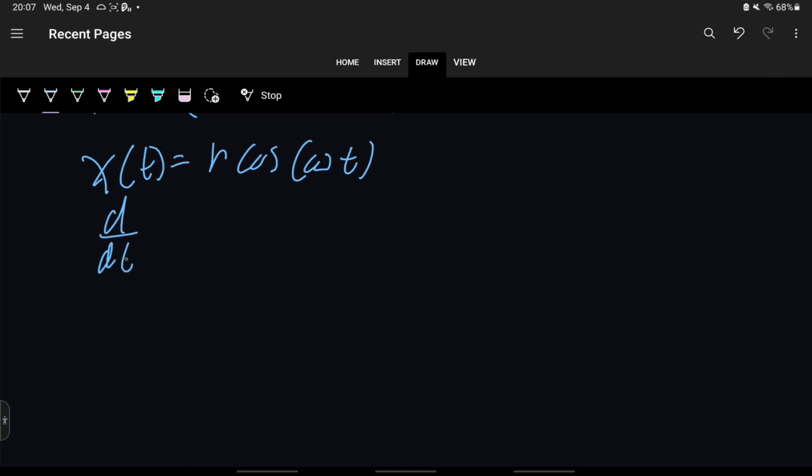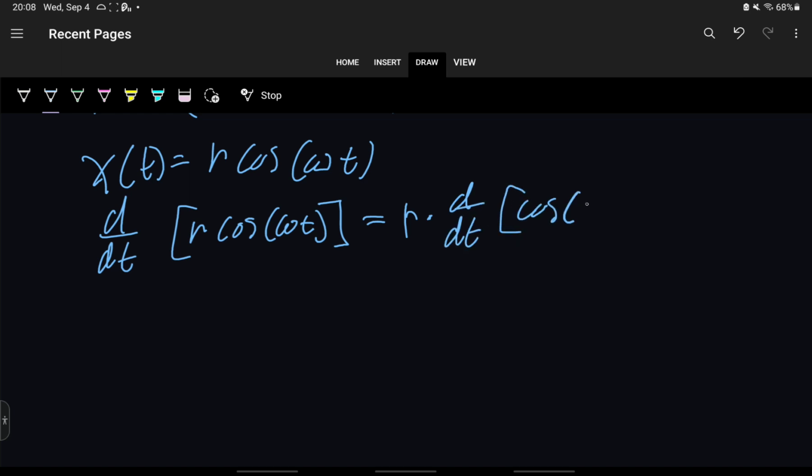So d over dt of r cosine omega times t. If we take the derivative of that, that's going to be r times d over dt of cosine omega times t. And then we use the chain rule.